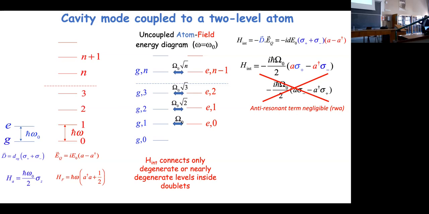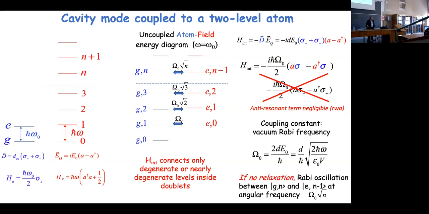So you just keep the coupling term, and you find now that if you call omega naught the amplitude here, what is omega naught? Omega naught is just the product of the electric field of the vacuum times the electric dipole of the atom. So you have here a frequency, which is given by this combination, which is called the vacuum Rabi frequency.